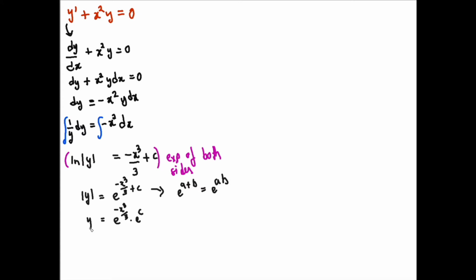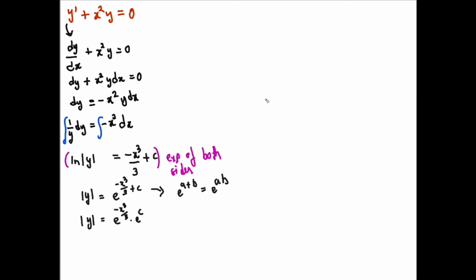So we have the absolute value of y equals this thing. What this is saying is that no matter what y is, the positive value of that number is represented by this function. And indeed we can see that that's true, right? If x³ is a negative number, this is just 1 over e to the something.